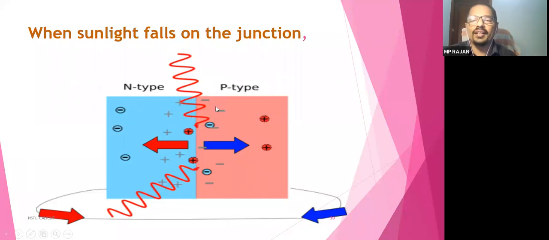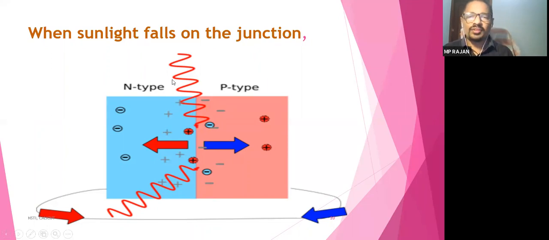So this is N-type region, P-type region. This is the barrier area, or you can say depletion layer. In the depletion layer, there is a negative potential here, and there is a positive potential here. Between this, only neutral atoms are available. So this is a positive field, and this is a negative field.